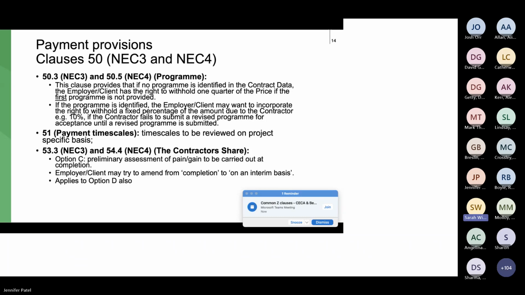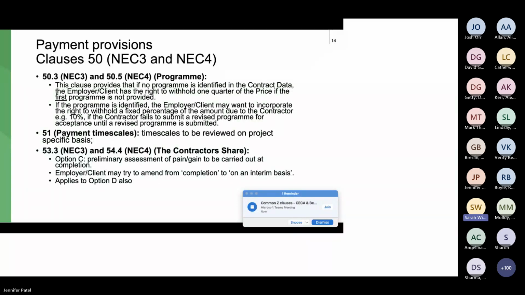We've seen it amended to refer to a situation where the contractor hasn't submitted the programme and where it has submitted the programme, but it hasn't been accepted by the project manager. So basically that penalty applies if the project manager doesn't accept the programme.